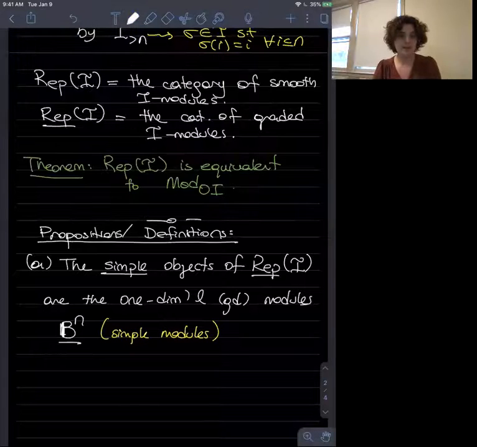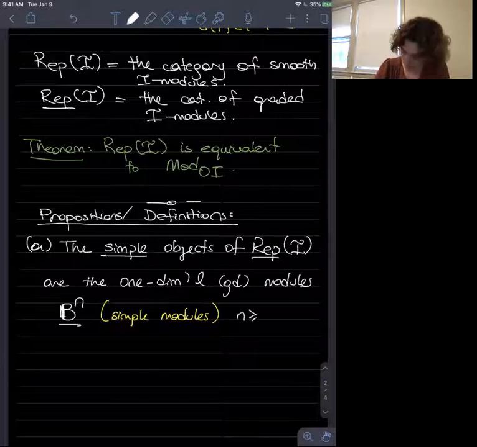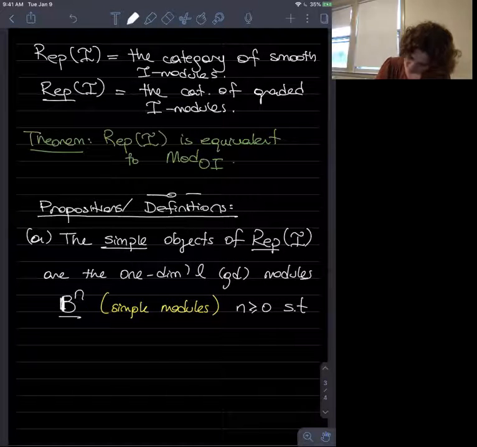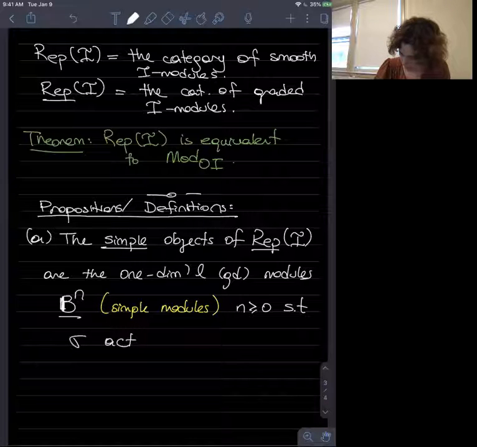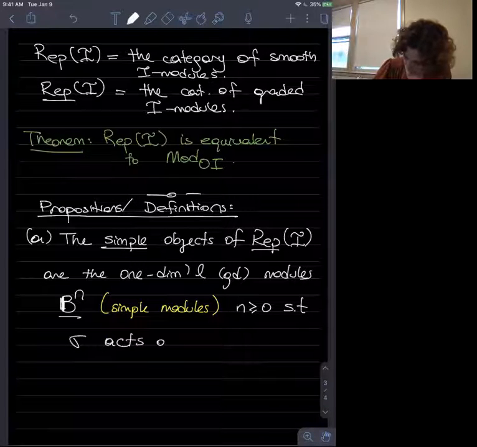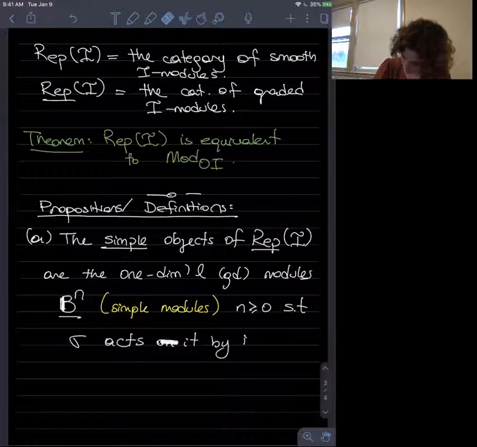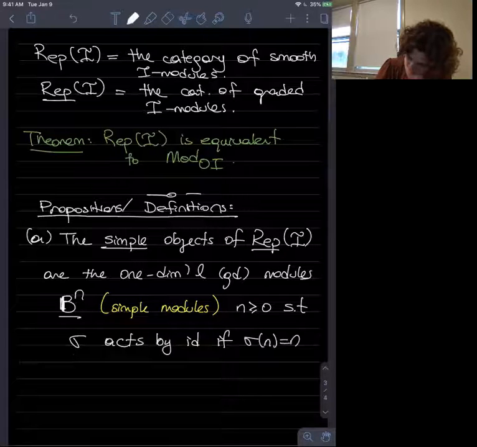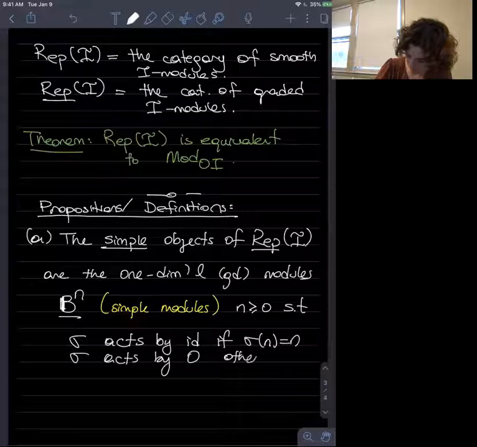So they are basically one-dimensional modules concentrated in degree n, such that the elements of the monoid act on it by identity if it fixes n, and it acts by 0 otherwise.